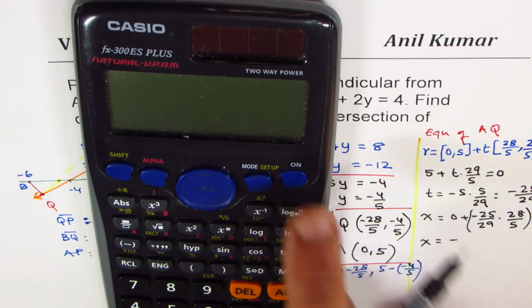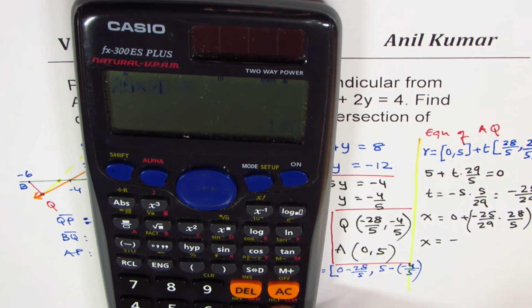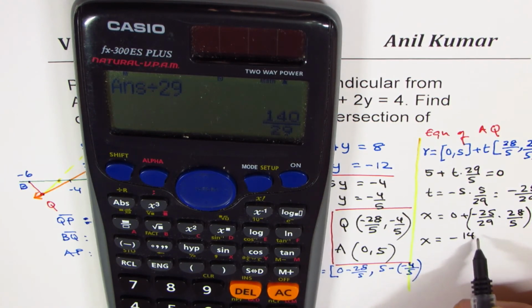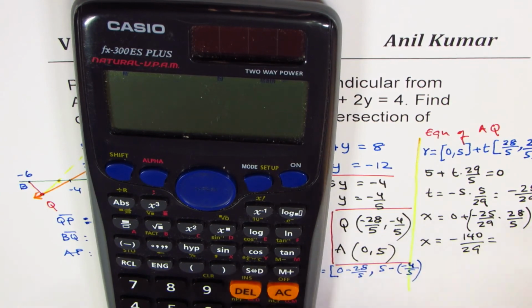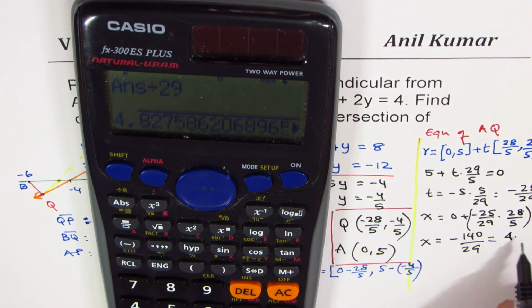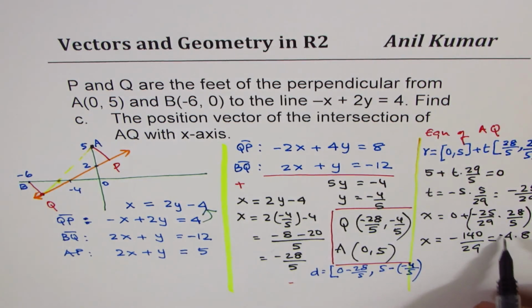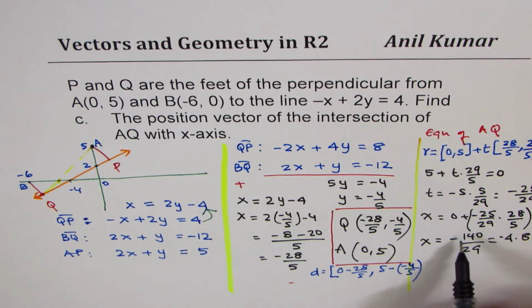So it is 25 times 28 divided by 5, and then we divide this by 29, which is equal to minus 140 over 29. This is minus, that is why. And in decimals, it is, let's say, 4.8. Is it okay? So minus 4.8. So it makes sense. It is between minus 4 and minus 6. So it's quite okay.